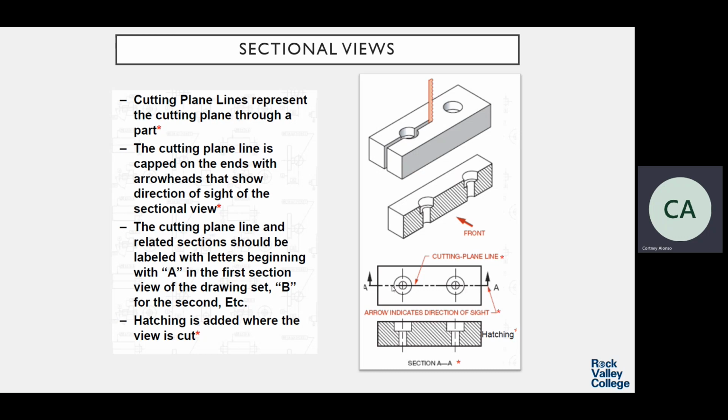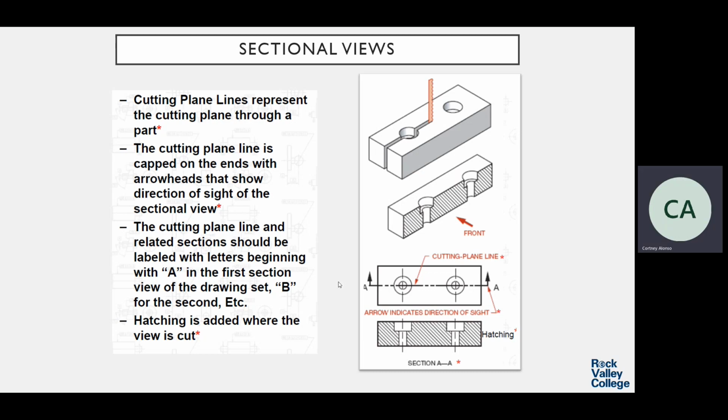In this case, both sides are the same, or symmetrical. However, you might have a different view on the bottom versus the top. This is telling me I'm cutting section A, from point A to point A, and I'm viewing this section, which is what you see here, the front section.